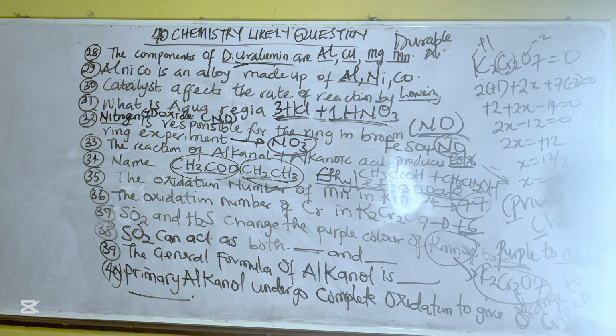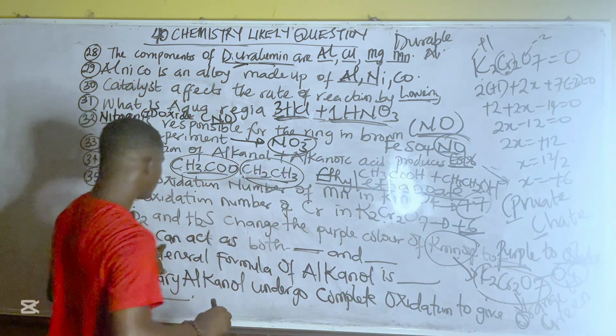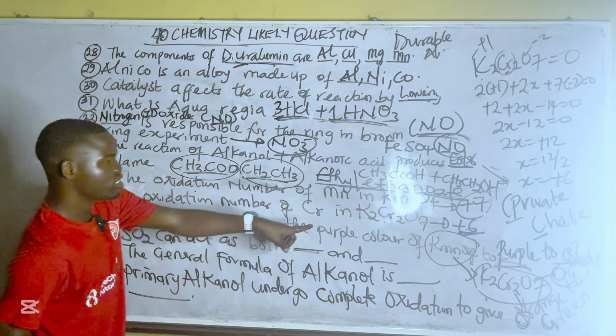Orange to green, so don't forget: form OG, orange to green. So SO2 and H2S will change the orange color of K2Cr2O7 to green. But if it is KMnO4, it will change from purple to colorless. So the answer to this, as I've already said, is colorless.